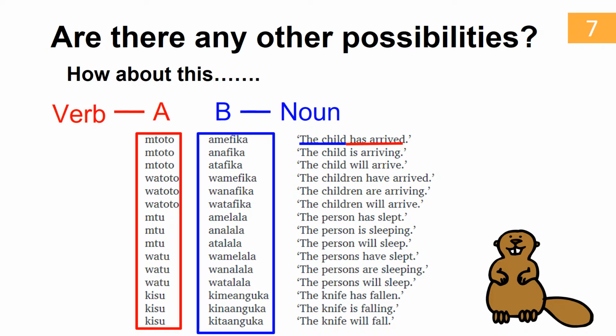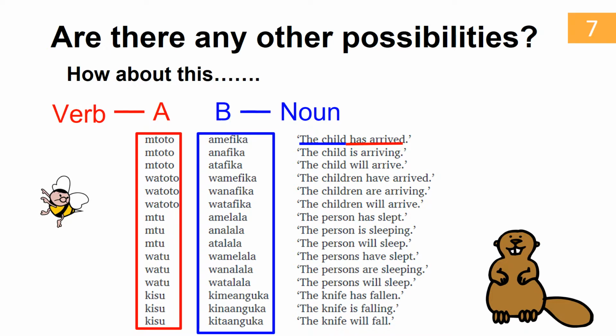This was assuming that in Swahili, nouns come before verbs, but there was also the possibility that verbs come before nouns. So toto would be the morpheme for arrive, and fika would be the morpheme for child, as observed in the first two sentences, toto amefika and toto anafika.